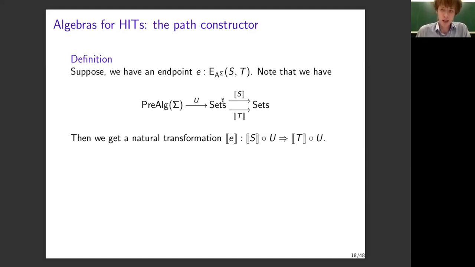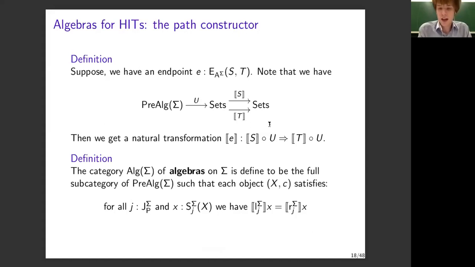We have two functors from sets to sets, namely S and T. And then each endpoint can be interpreted as a natural transformation like this. Note that because we start with the pre-algebras, we also have access to the algebra map when defining the natural transformation. And this is how we can interpret endpoints.